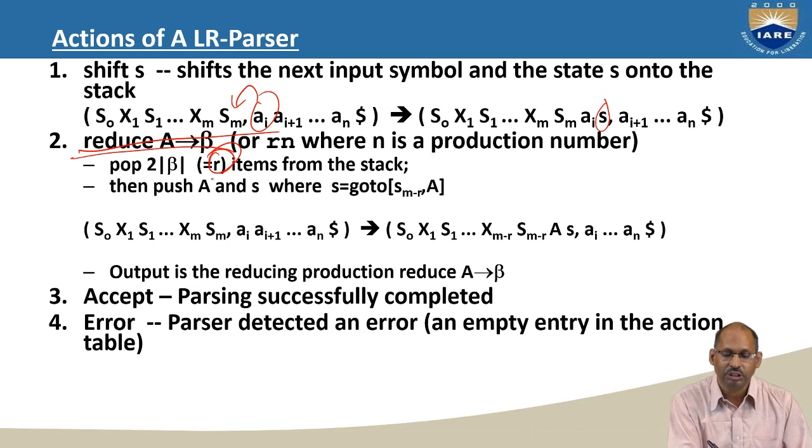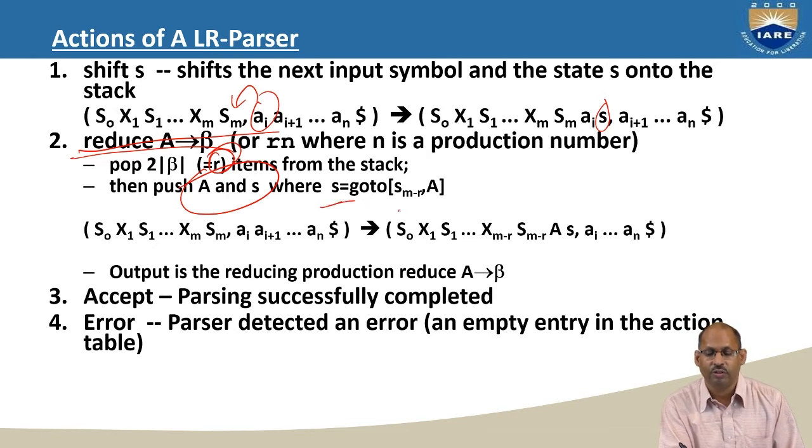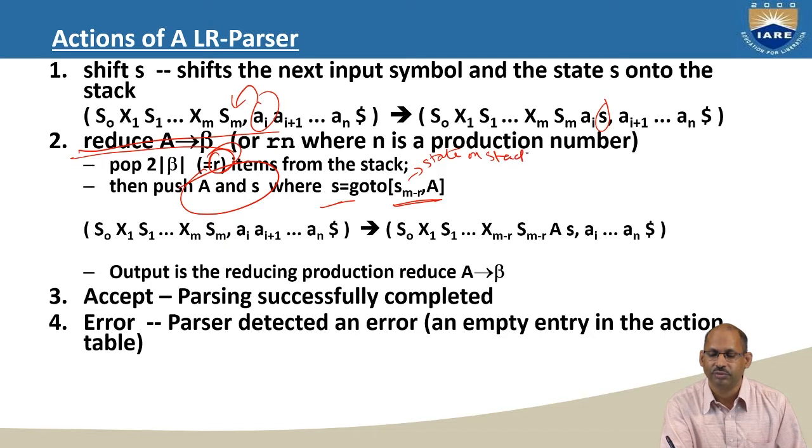Then push A and S, where S is obtained from the goto of the state S(m-r) now on the stack top and A, the non-terminal of the production.